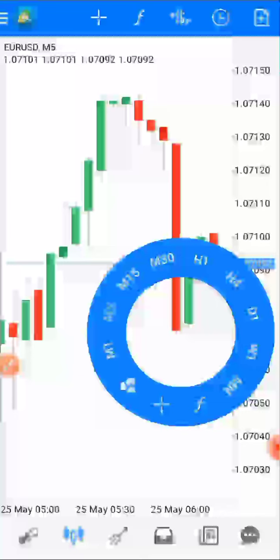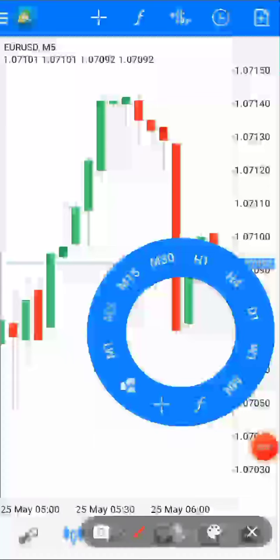So it depends on your schedule or how fast you want your trading to be. If you want your trading to be slow, maybe you have a full-time job, the 4 hour or the daily time frame will be good for you. You have time to analyze your charts very well in your free time.